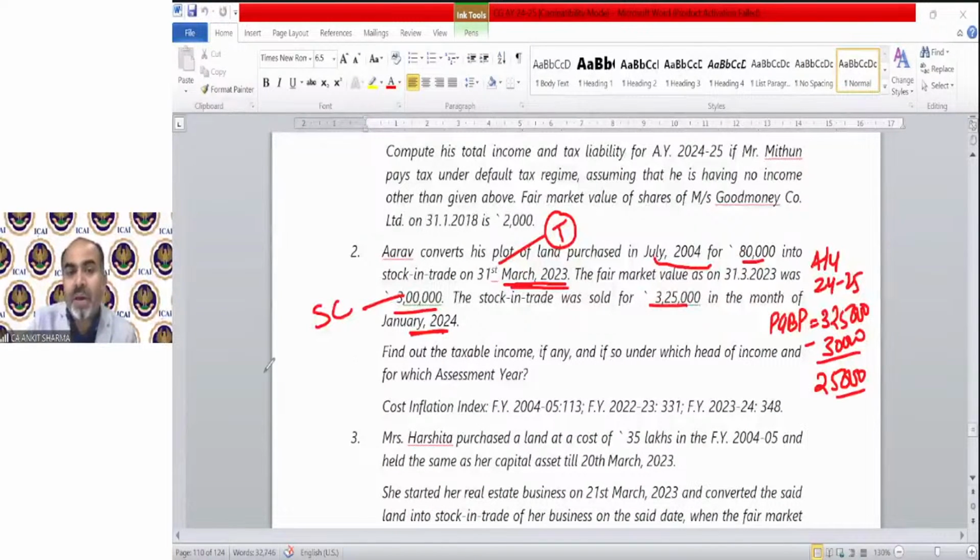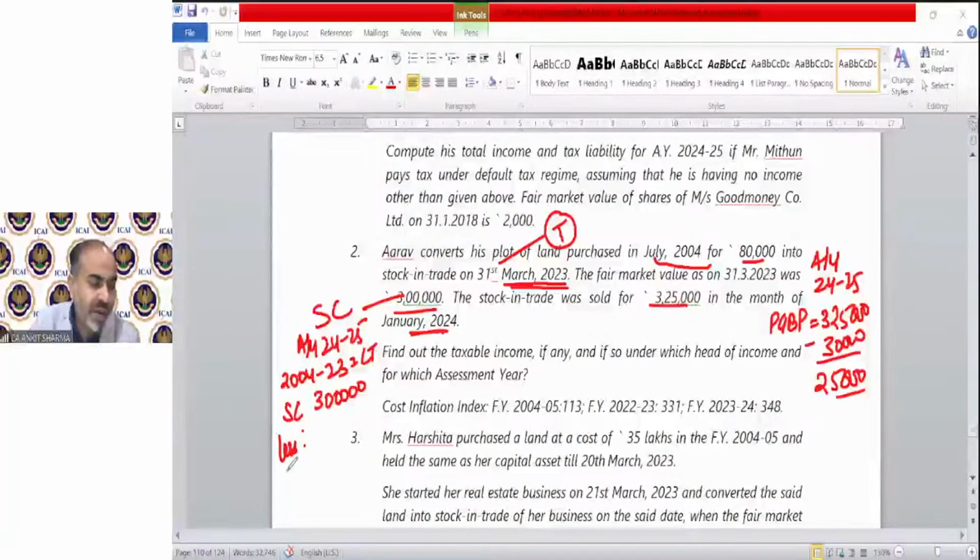Solved. Now capital gain year will be assessment year 24-25, but period of holding will be from 2004 till 23, long term. Sale consideration will be your FMV, that is 3 lakh. Now less indexed cost of acquisition.